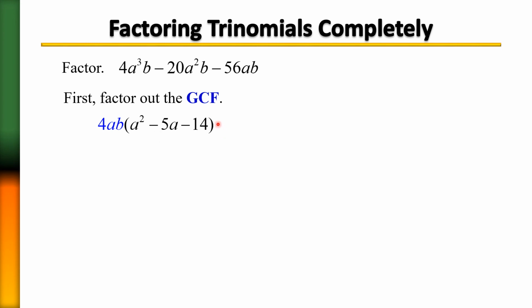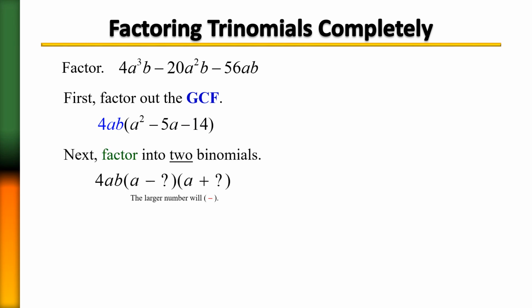I need to look for the possible ways I can get 14. We know there are several ways in which you can get 14, but I want to know which one of those ways, if we were to add them, is going to equal my middle term. My middle term is -5. And so we know it's not the possibility with 1.